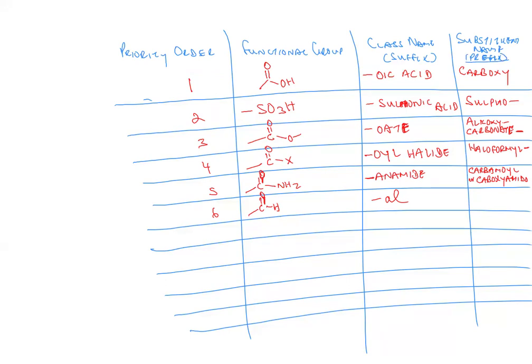Because that's the beginning. So if it's the beginning, then this is al, and it will be formyl or oxo. So these are the ones you put in front. So that's our prefix.